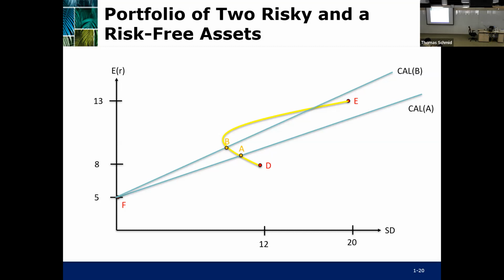It gives us more expected return for risk. That's the reward to risk ratio, if you remember. We always said, steeper, higher slope, more reward for risk, investor is more happy. So nobody would do A. Everybody would prefer capital allocation line B over capital allocation line A, right?